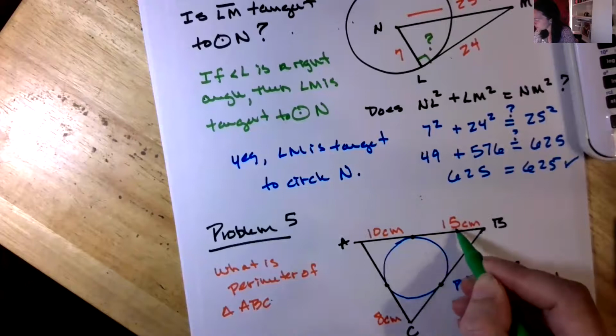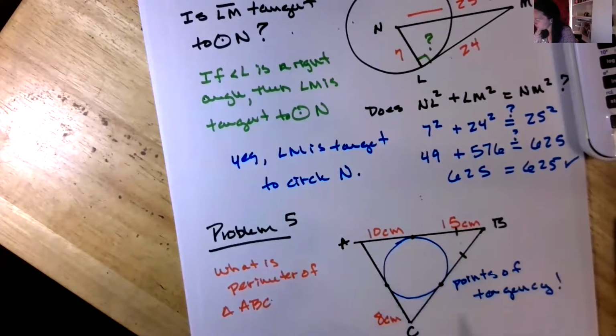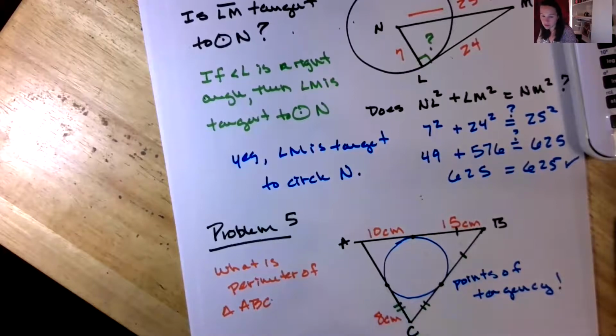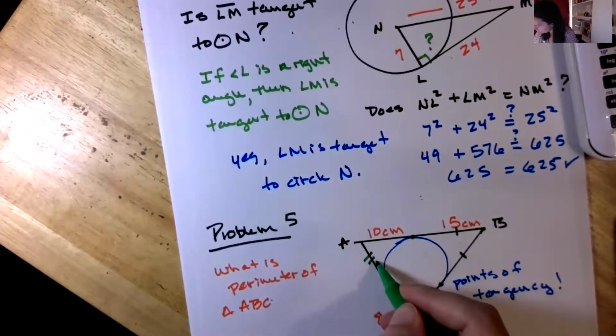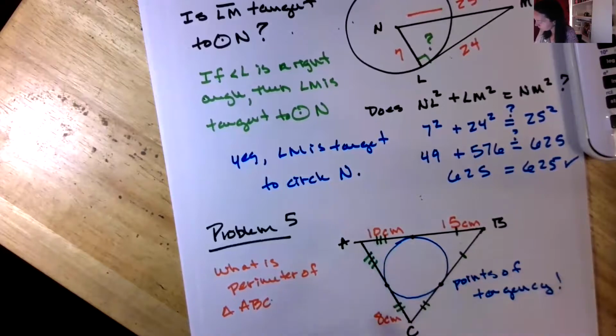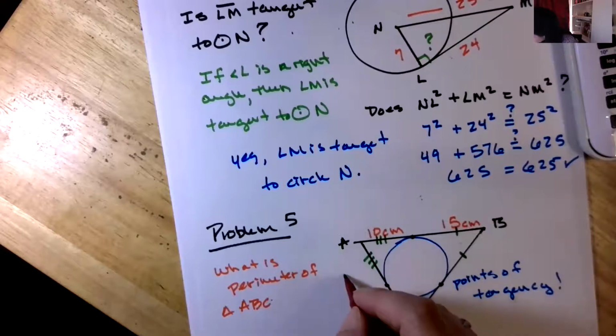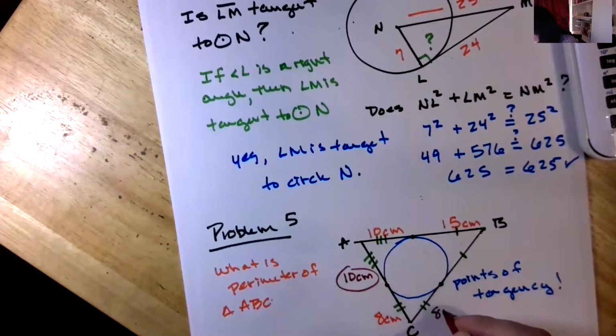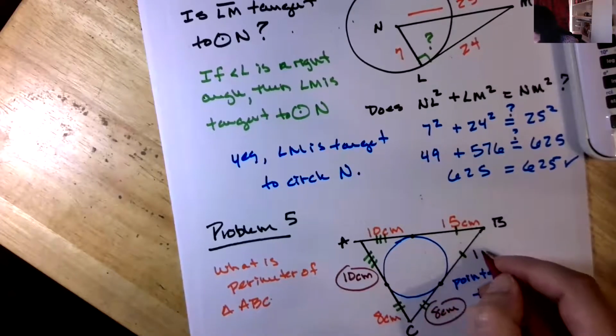These two tangents come from B, so they have to be equal to each other. These two tangents come from C, so they have to be equal to each other. And these two tangents come from A, so they have to be equal, which means that this has to be 10, this has to be 8, and this has to be 15.